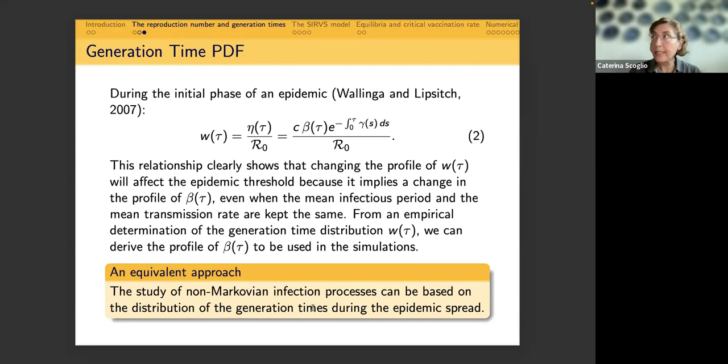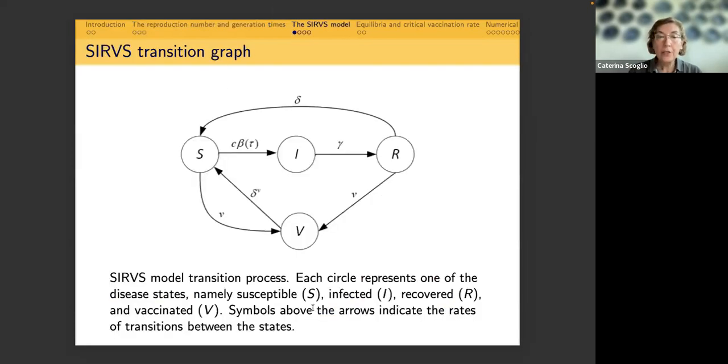And so the model that we have considered is the following, with four compartments: susceptible, infected, recovered, and vaccinated.